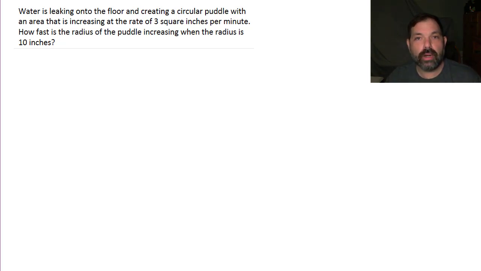Think about what are the variable quantities. Can you take these phrases and translate them to calculus notation? Can you come up with the relation between the variables? Differentiate with respect to t and see if you can solve it. Now would be a great time to pause to try this one out on your own.